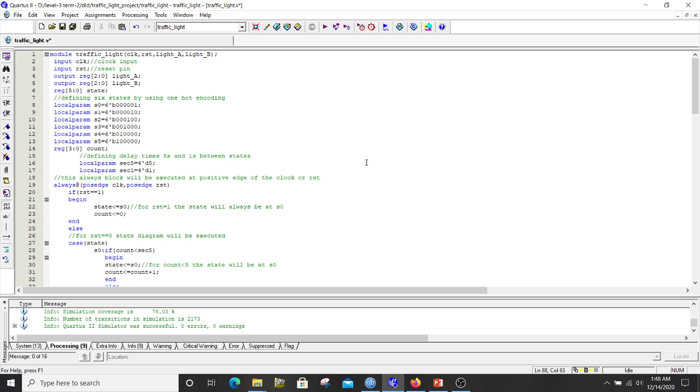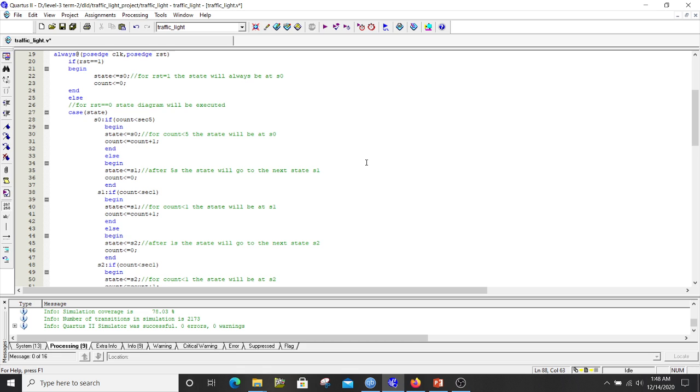Okay, so this always block will be executed at the positive edge of the clock, and if reset is 1, then our state will always be the start state, and if reset is 0, then our state diagram will be executed.